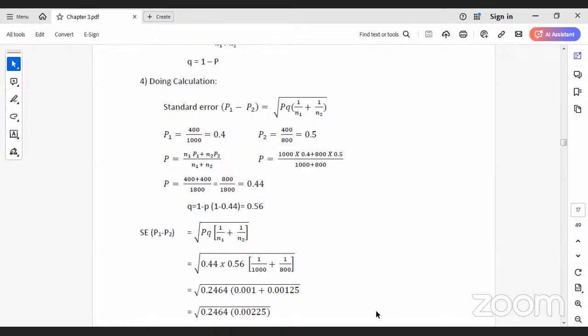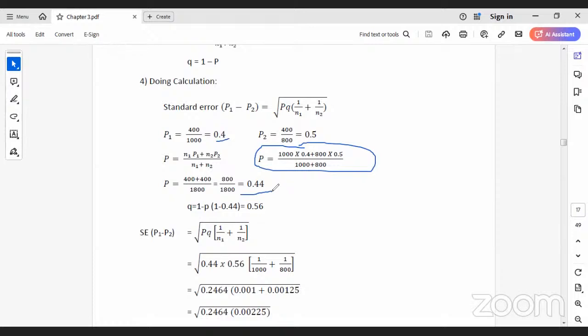Already we got the value 0.4. Plus 800 into 0.5 divided by 1000 plus 800. So P is equal to 400 plus 400 divided by 1800, which is 800 divided by 1800, that is 0.44. This is the probability of success value. So Q is equal to 1 minus P, that is 1 minus 0.44 is equal to 0.56.